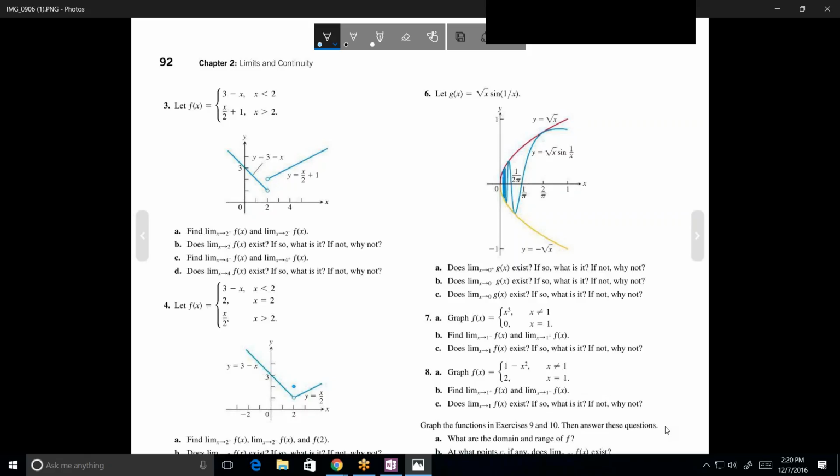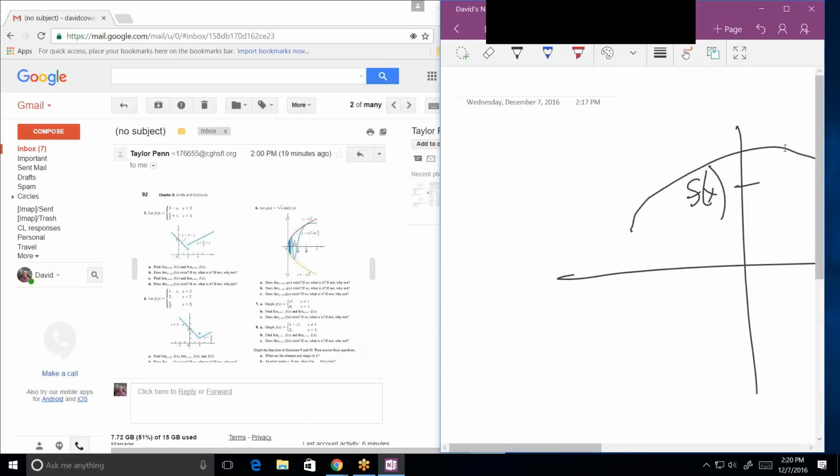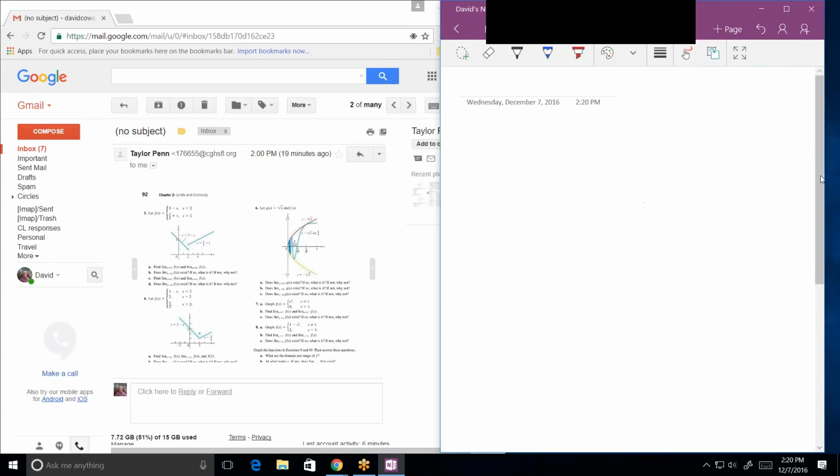Let's see, we're on 9 and 10. Do I have that somewhere? No, it's in your picture right now. Actually, it might be in the other email that I sent you.